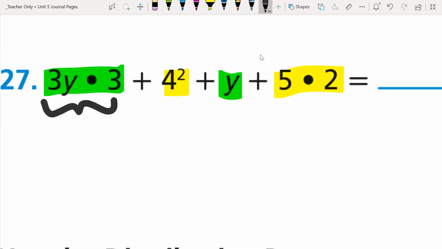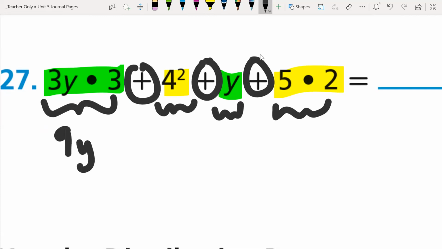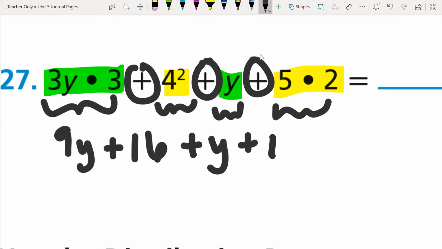This is a term because it's separated by addition or subtraction, right? This is a term, this is a term, this is a term, right? Now I can start simplifying. 3y times 3 is 9y plus 4 times 4 is 16 plus y plus 10 times 2 is 10, right? Okay. Now I can take it to the next step and I can rearrange using the associative property.